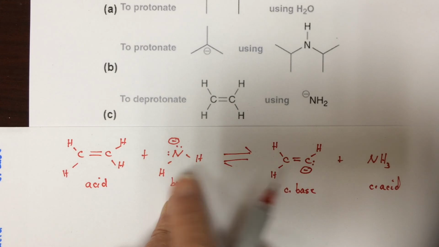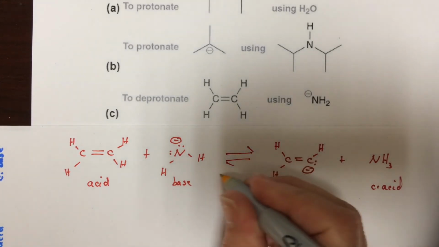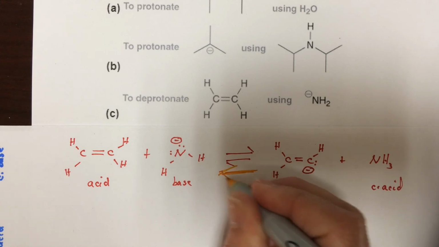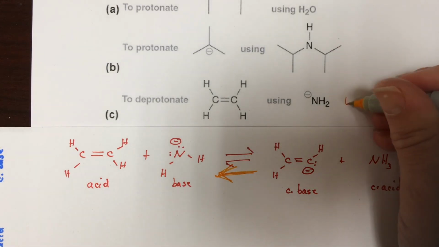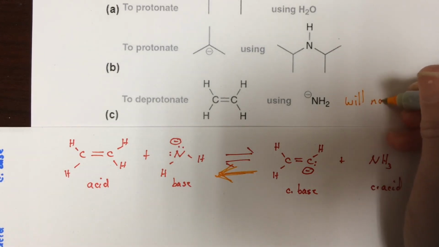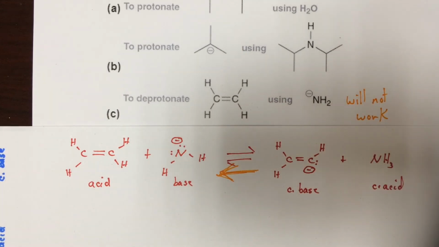So the nitrogen is more electronegative, and so this reaction will go in the reverse direction. So this will not work. I can't deprotonate ethene using an amide ion.